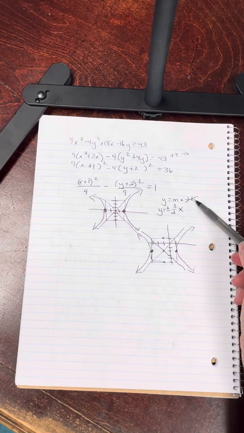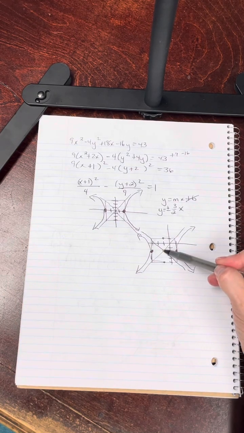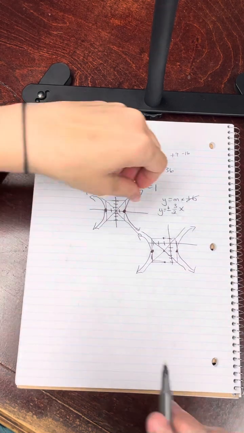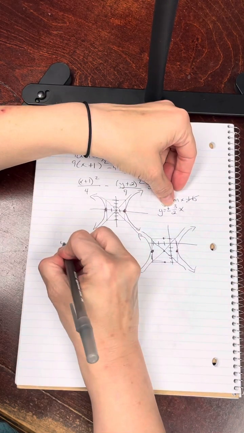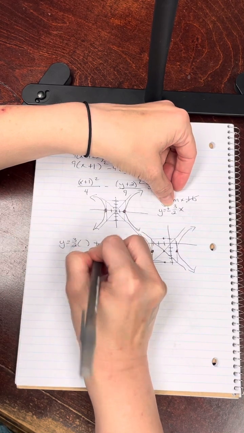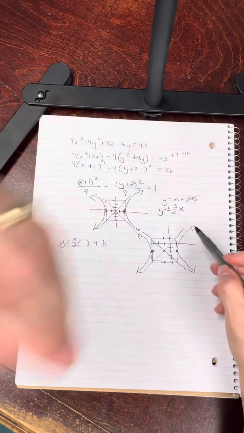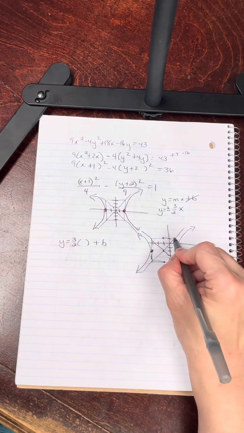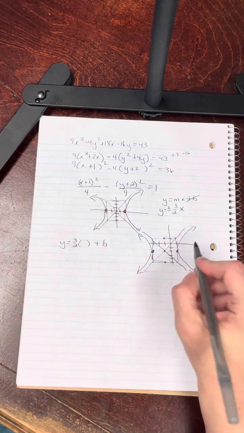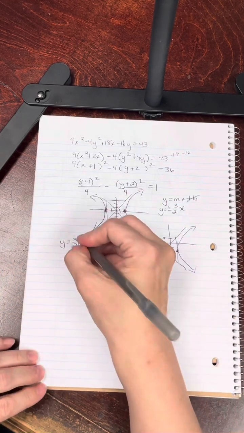And I do have a b, but my counting of up 3 over 2 is still correct. But I have to stop, and let's do the positive one first, 3/2 x plus b. So for the positive one, I need to use the corner of the box and its xy value plugged in here to solve for the b. So that's 1 over 1 up.